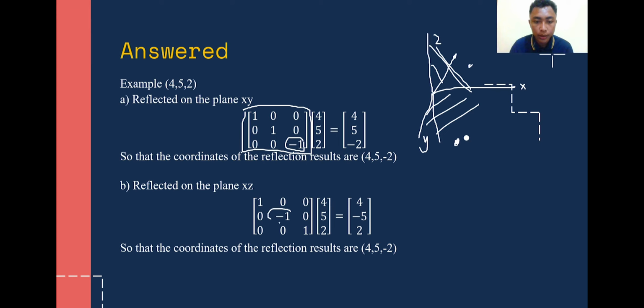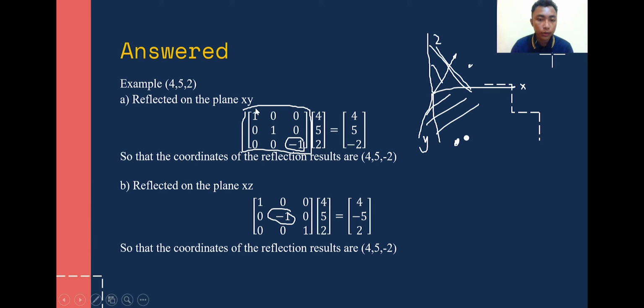So why is this minus? Because the value y will be changed to the opposite. That means if the value is positive, and we reflect across the plane x, z, the value y will be negative. That's the same as this reflection.